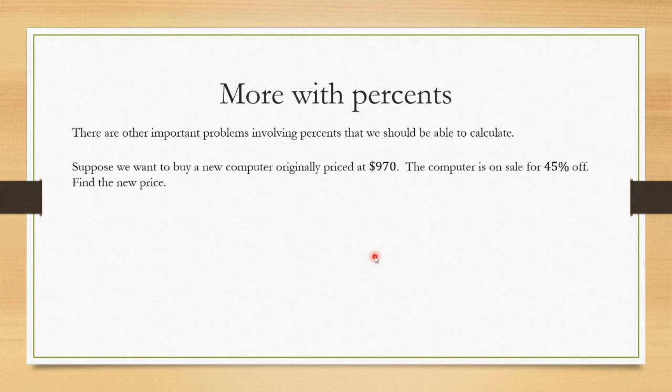It's 45% off. We want to find the new price. Imagine going into Office Depot or Walmart, and you have a computer there that was $970, but they tell you it's 45% off, and you want to know the new price.